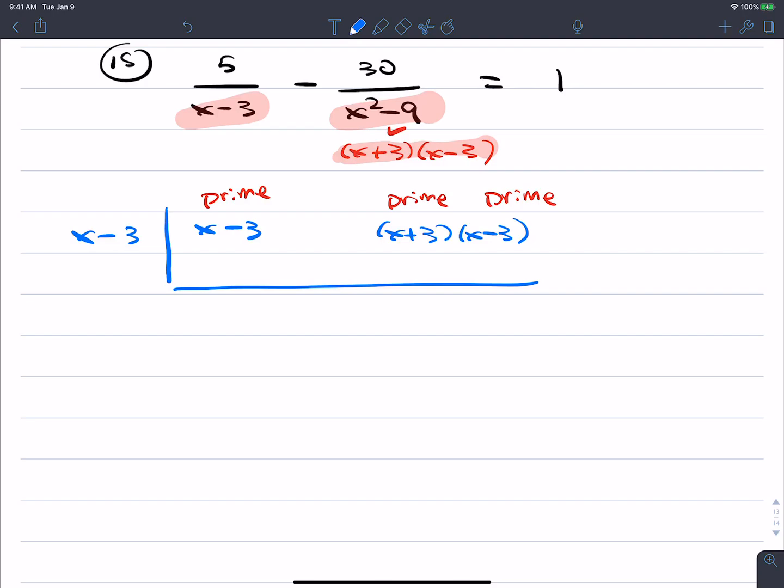Good. Now, what is this first x minus 3 divided by x minus 3? 1. What's this x plus 3, x minus 3, this numerator divided by this x minus 3? What is it going to be? X plus 3. Outstanding. Good. Now, can we repeat the process? What do you guys think? Can I repeat this process? No. That means we're what?